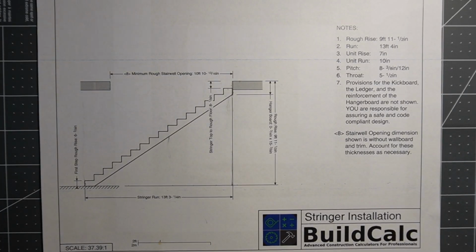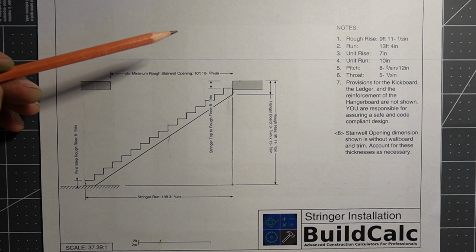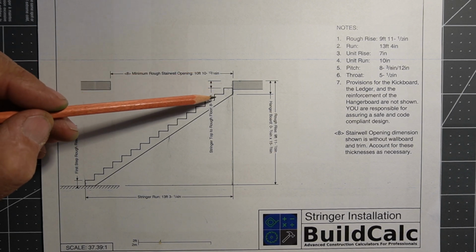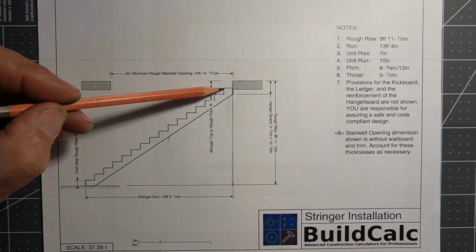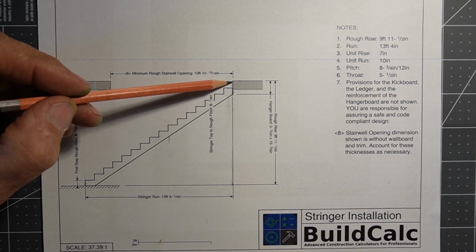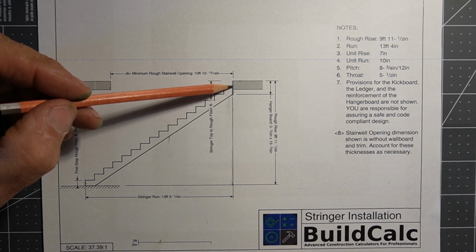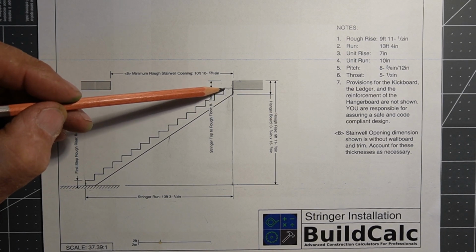What does that mean? Okay, now we're back to the drawing, and again, this is a drawing that's within the calculator itself. So what it's talking about here is if it's on, that means that the top step of my stairway is one step, and in our case that's 7 inches or whatever it ends up being, lower.